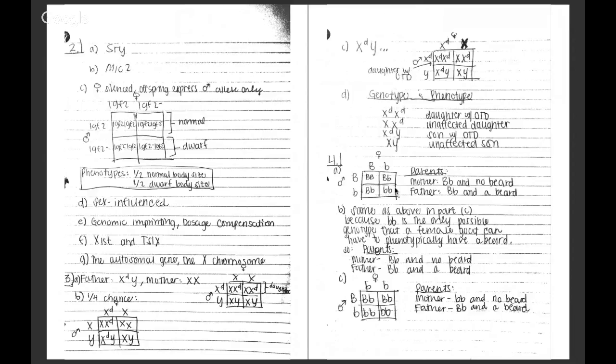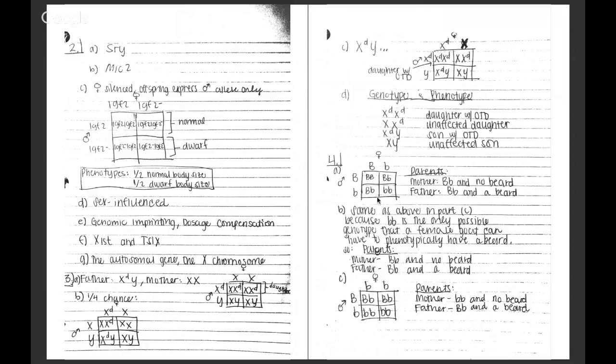So in order for that to happen, the genotypes would both have to be heterozygous, and the mother would have to have no beard and the father would have to have a beard. And that would produce, all 3 of these here are beards. And this here is no beard.